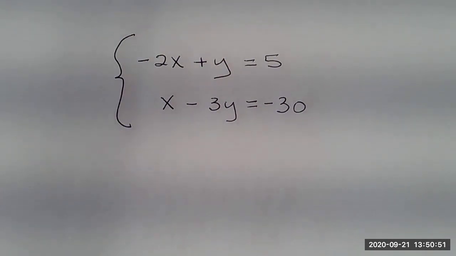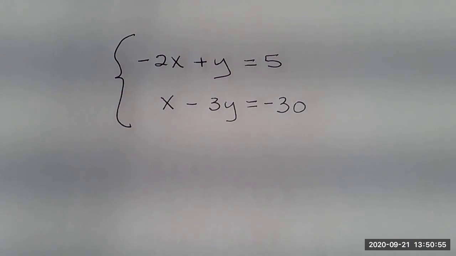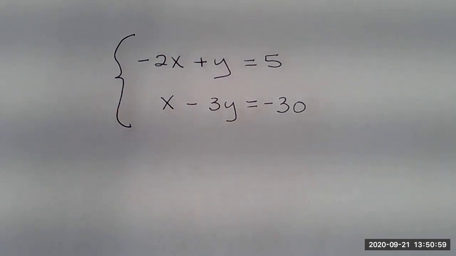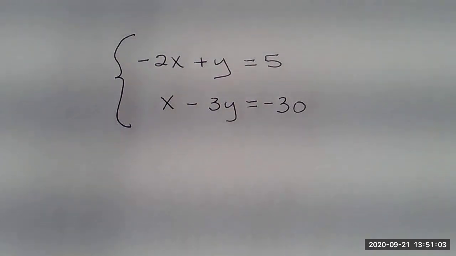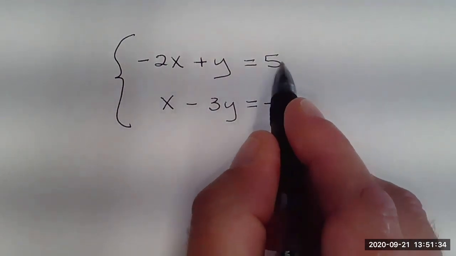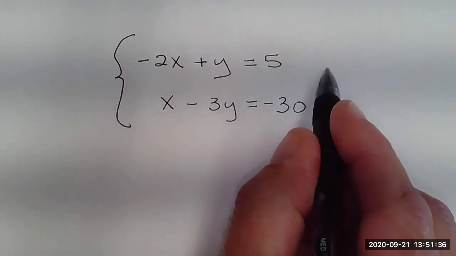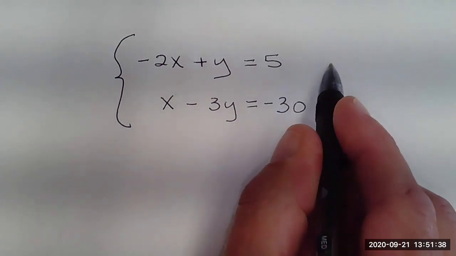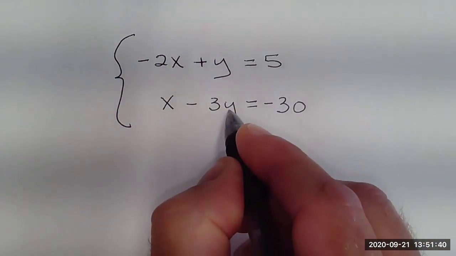You don't see x equals something or y equals something. But here's a hint. Can you change the second equation or the first equation so that it looks like a y equals or x equals? You can add 2x to both sides and you get y equals 5 plus 2x. 5 plus 2x can be substituted in for y in this equation.